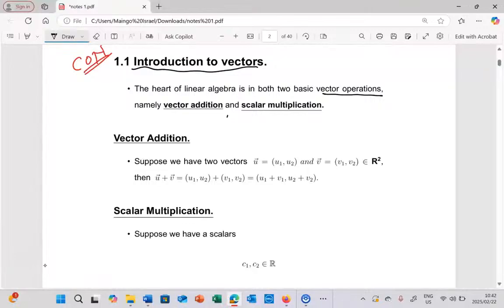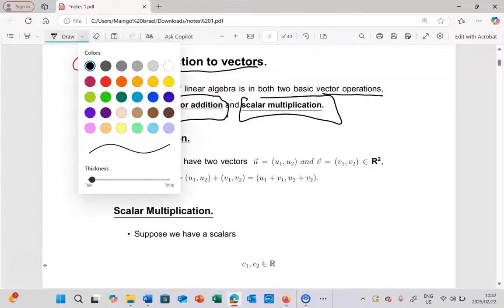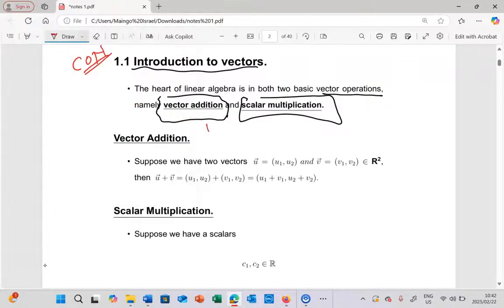Bear in mind that the heart of linear algebra is in two basic vector operations, namely vector addition and scalar multiplication. There is addition, plus, and star, which is scalar multiplication.